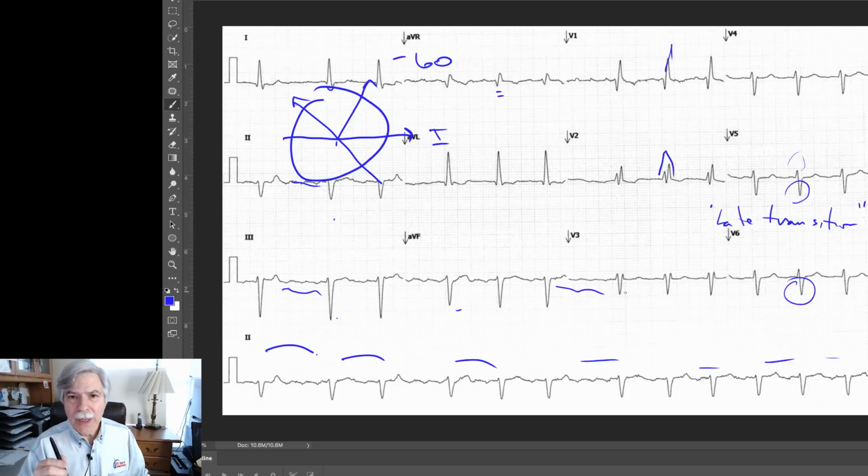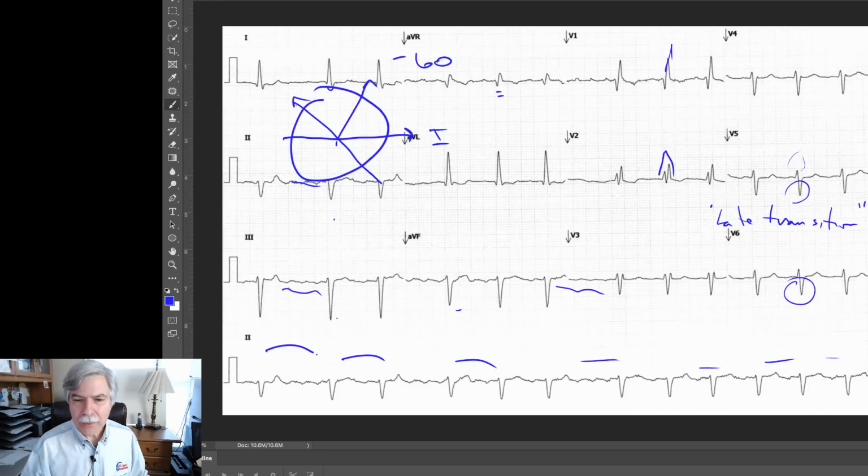But so with atrial fibrillation, they felt, of course, the patient is elderly with underlying heart disease, and the patient was placed on Eliquis, which is apixaban, and that's a very good anticoagulant to use for this problem.